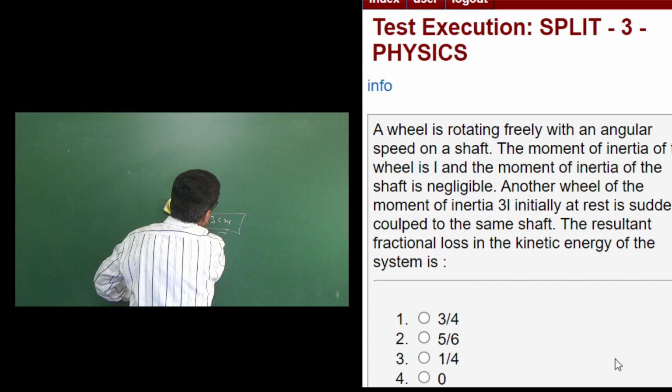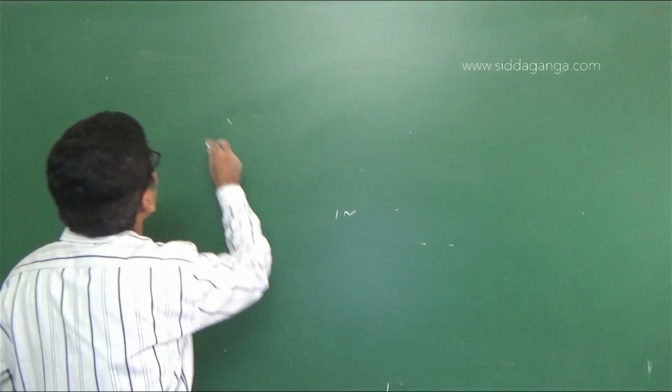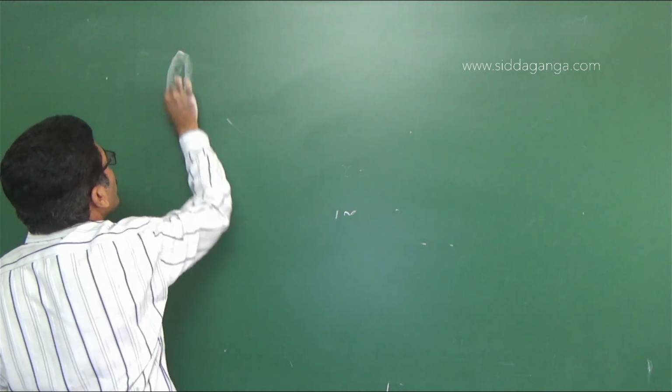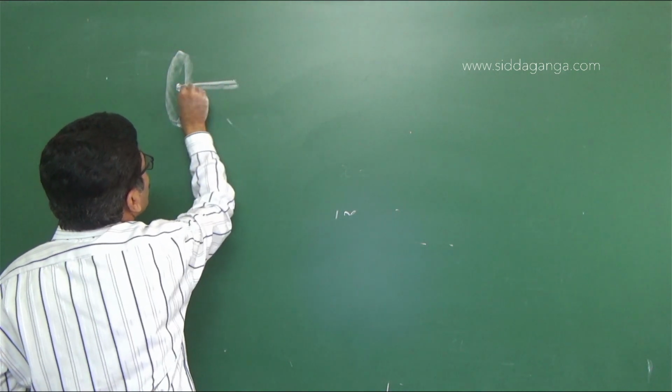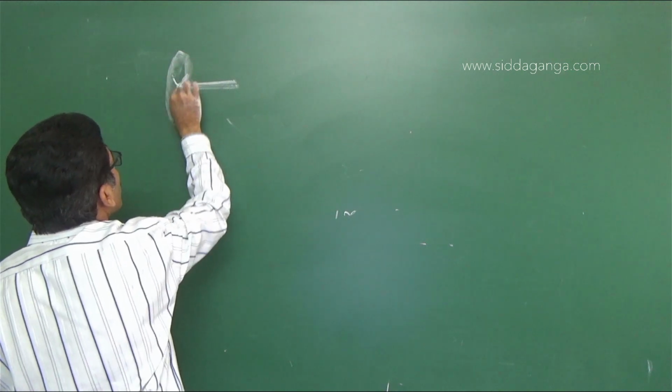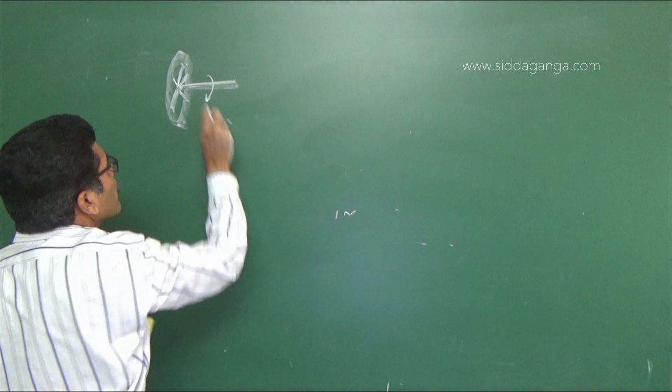See here, we have a wheel which is attached to some shaft. This is the wheel. It is revolving like this.